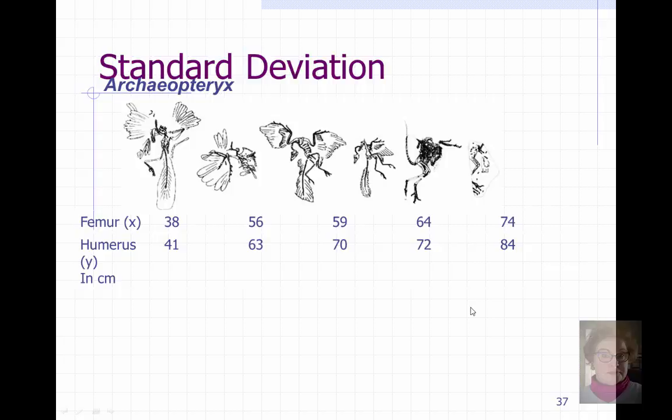Here is the Archaeopteryx data, and we will look at this and do a hand calculation of the standard deviation of the femur, and then we are going to do the calculation of the standard deviation, both the femur and the humerus, in StatCrunch.